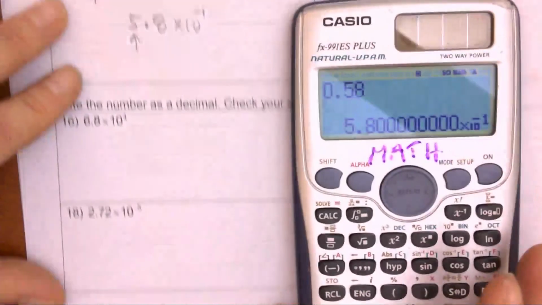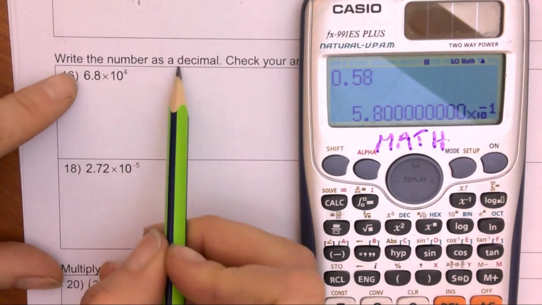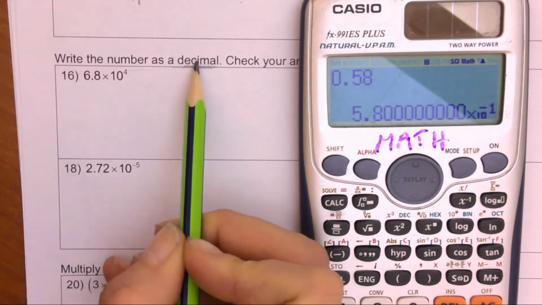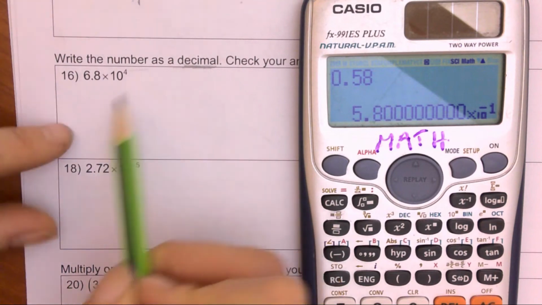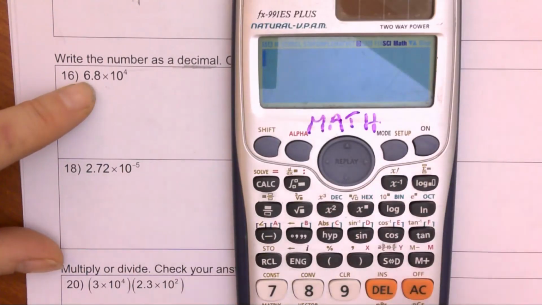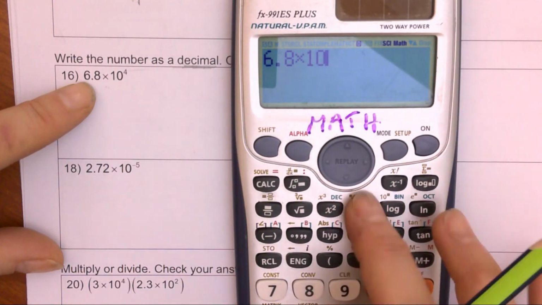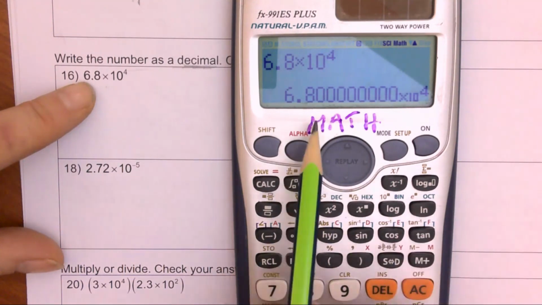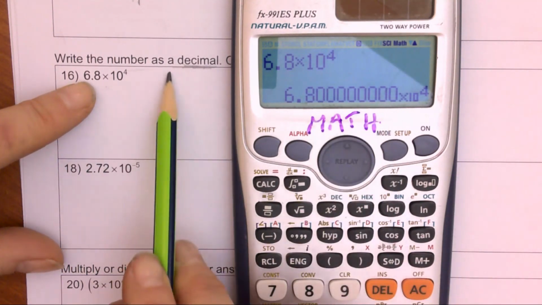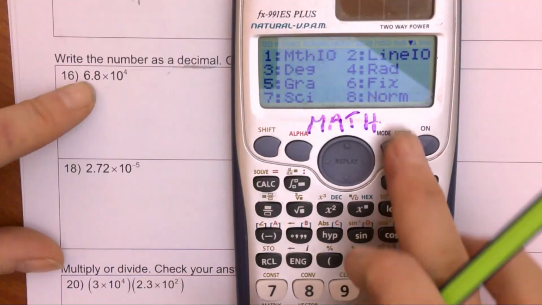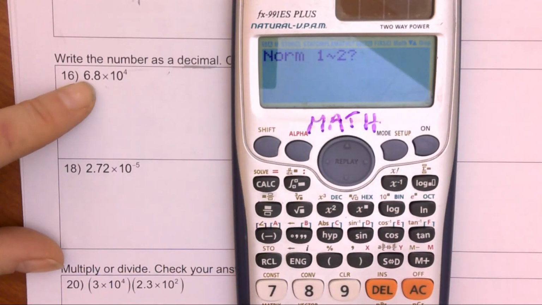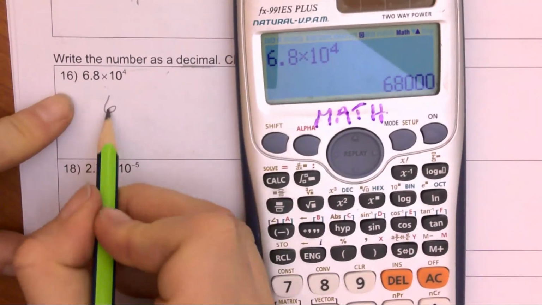Good. So now it says write the number as a decimal. So that just means like a normal number. So we can just put this in our calculator. Oh, it's in scientific notation. I want a normal number. So shift mode normal 2. So 68,000.